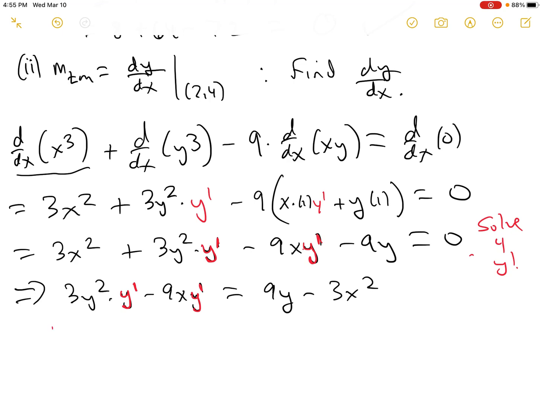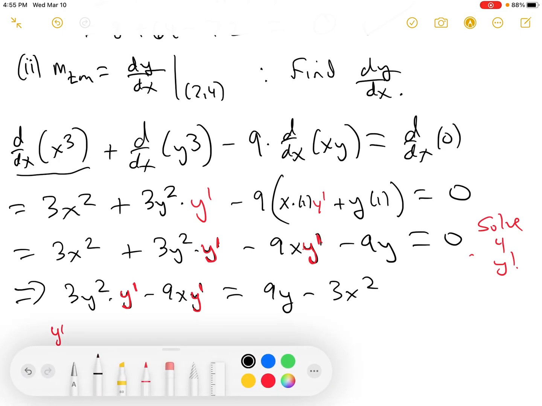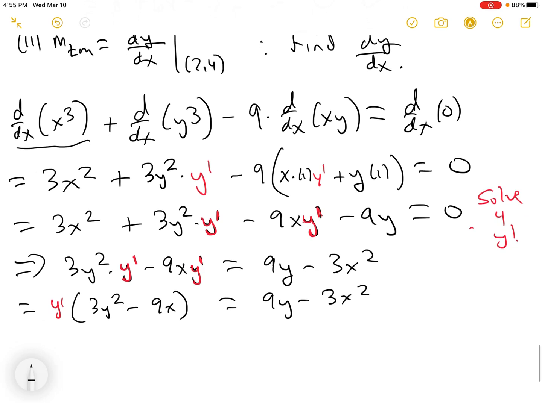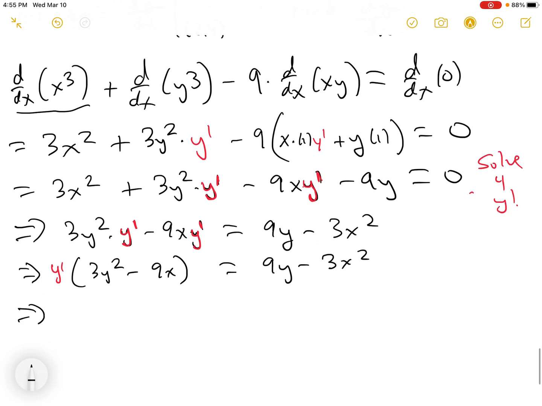Factor out the y prime here. And then lastly, solve for y prime. Okay, and that's the derivative.